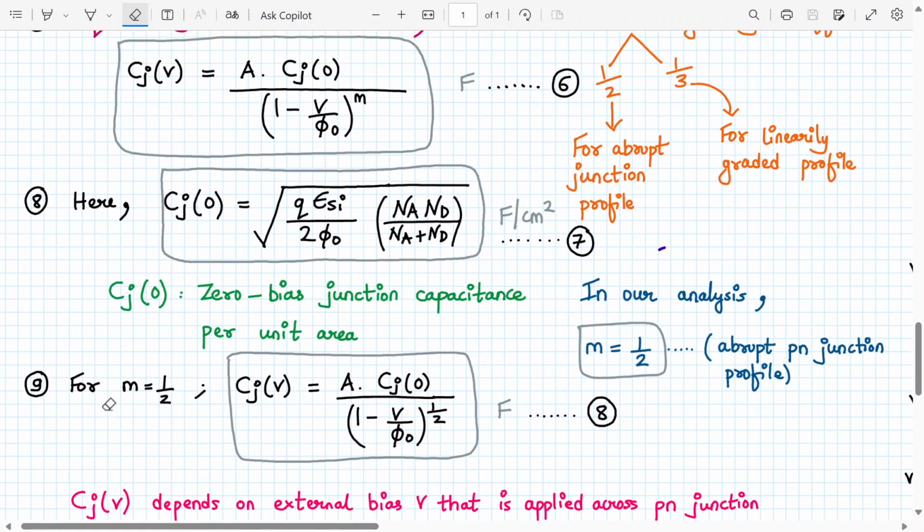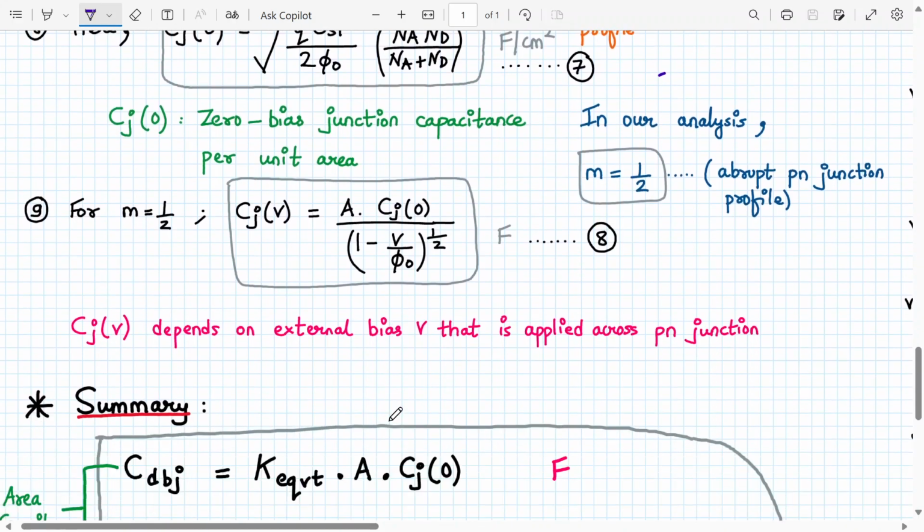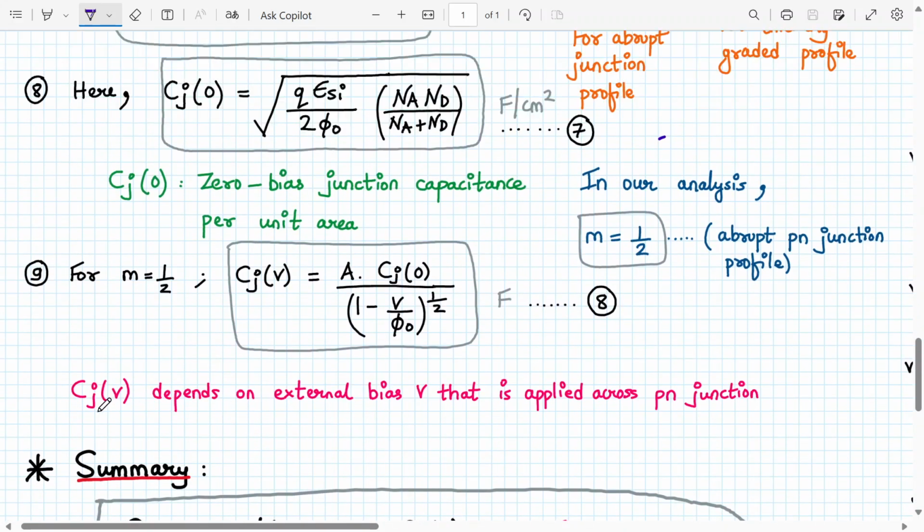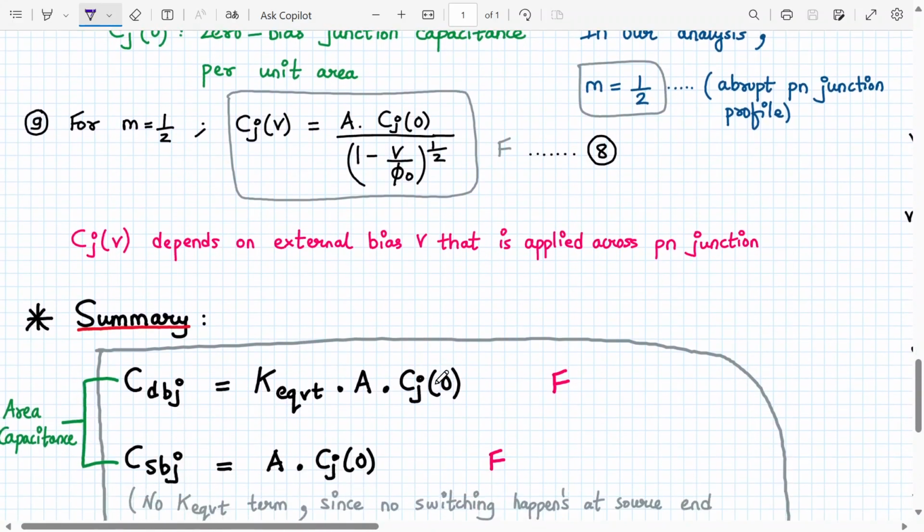So Cj of V in our case will be A into Cj0 divided by 1 minus V upon phi naught raised to half. This is equation number 8. Therefore we can say that your junction capacitance depends upon the external bias voltage V applied across the PN junction.